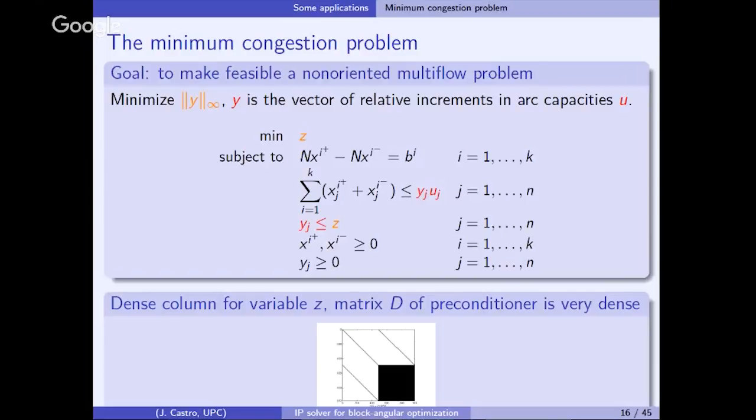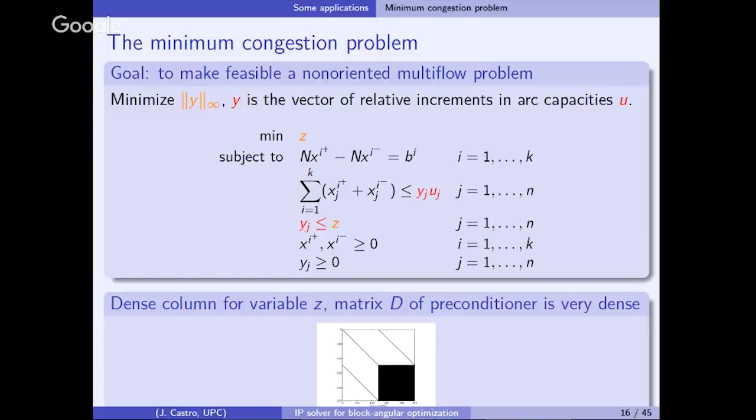So how to do that in optimization? The usual thing is we minimize z, an artificial variable, and z has to be greater or equal than y_j for every arc. That's all. So that's the formulation of the minimum congestion problem. That formulation is not a very good formulation for interior-point methods. Why?